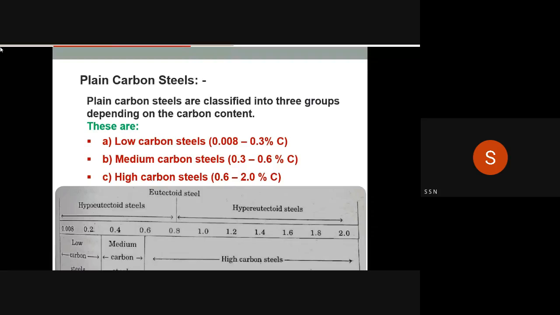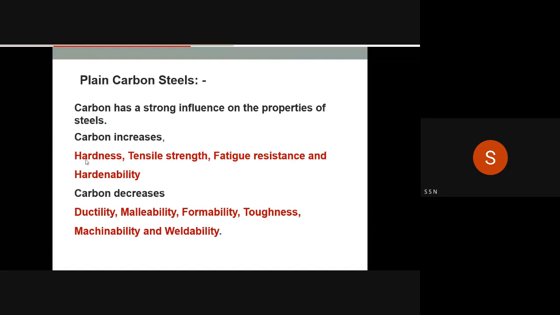Now, what is the effect of adding carbon to the iron? Carbon has a strong influence on the properties of steel. As the percentage of carbon increases inside the steel, there is an increase in hardness, tensile strength, fatigue resistance, and hardenability.